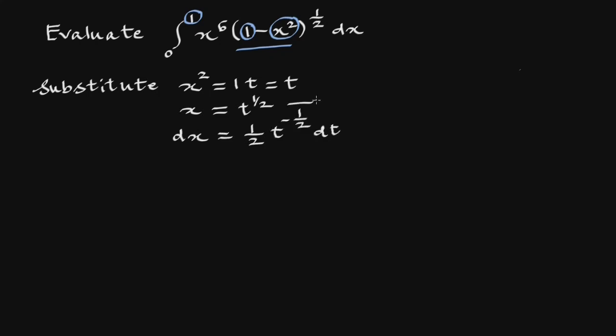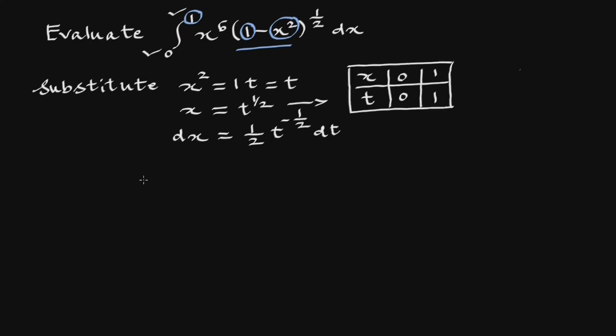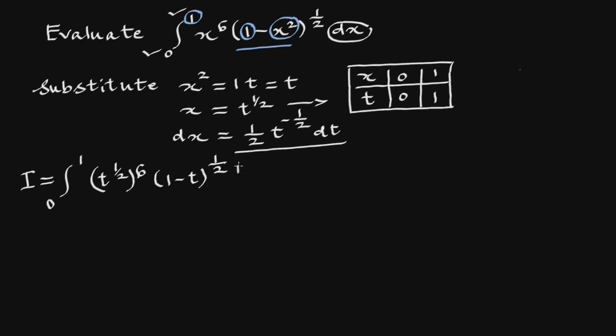Because of this substitution, we will find the change in the limits of integration. When x is 0, t is also 0, and when x is 1, t is also 1. There is no change in the limits of integration. So the integration becomes from 0 to 1, t raised to half raised to 6, into 1 minus t raised to half, and in place of this dx we substitute this half t raised to minus half dt.